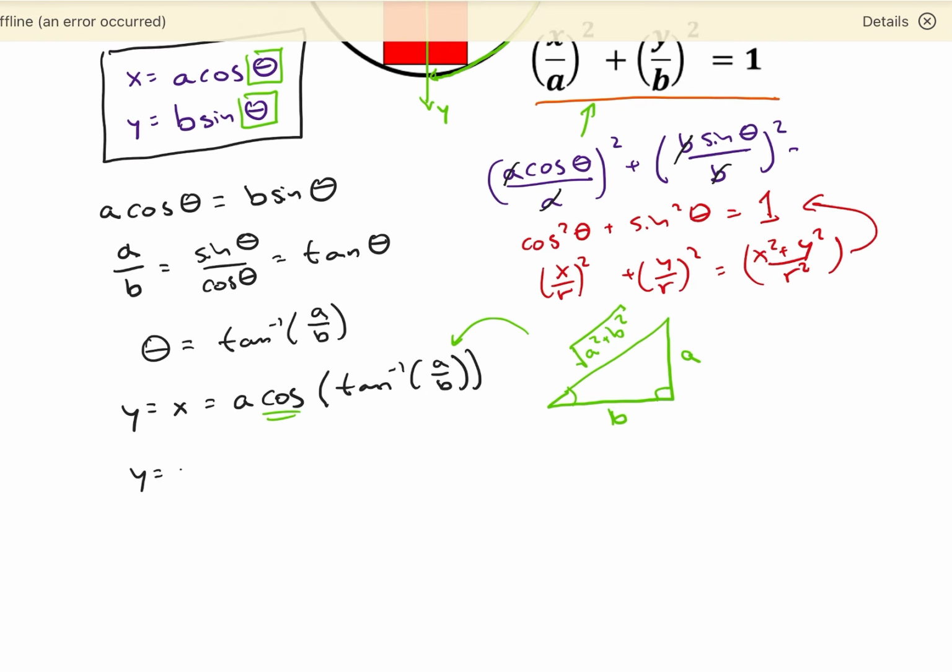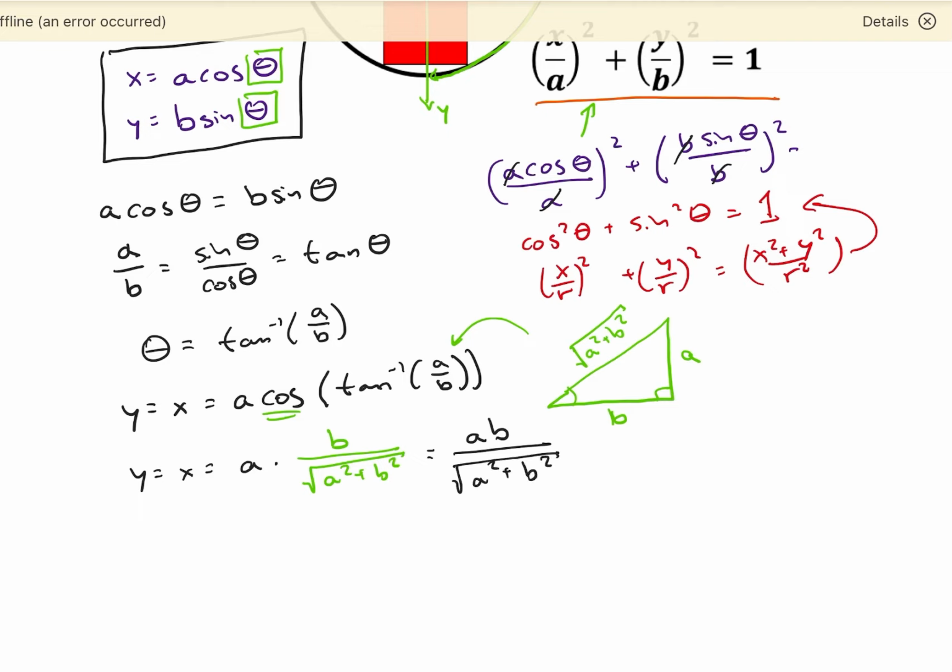So my y and x are actually now just going to be a times b divided by the square root of a squared plus b squared, which is adjacent over hypotenuse. So what we're going to get then is that those are equal to a times b divided by the square root of a squared plus b squared.